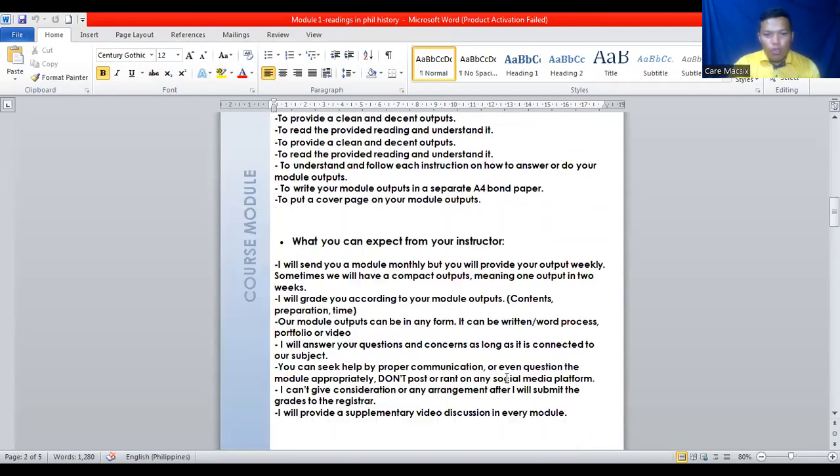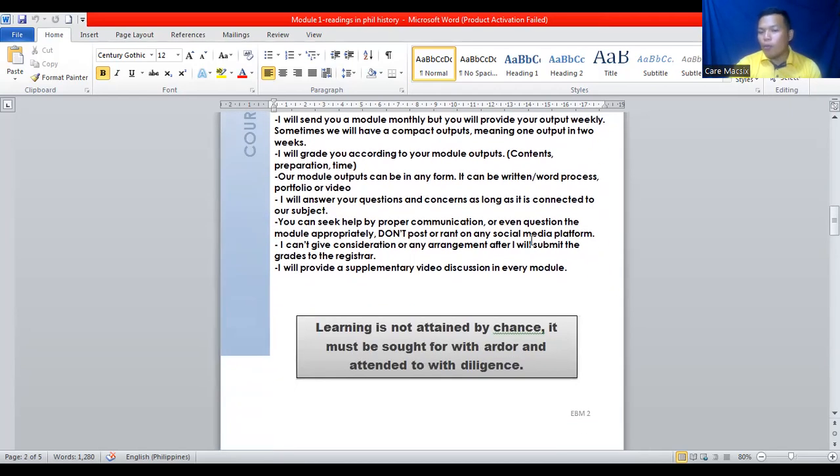And it is also indicated that you have to put a cover page on your module outputs. So put a cover page on your module outputs, and you have to put them on A4 bond paper. So all your answers should be on A4 bond paper.